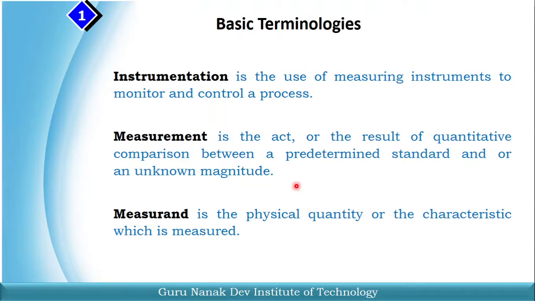So measurement is the comparison between a predetermined standard and the unknown magnitude. What will the AC do? The AC will compare the set value with the present value. The set value is the predetermined standard, that is 25 degrees Celsius, and the unknown magnitude here is your present room temperature, 28 degrees Celsius.